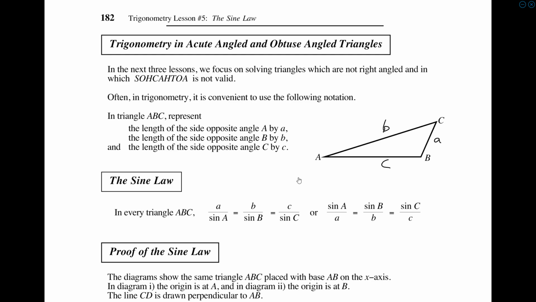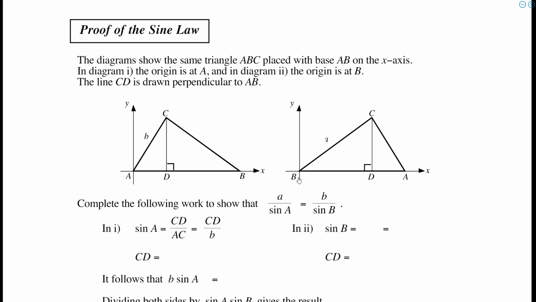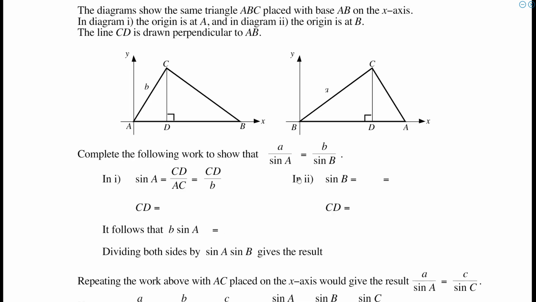Let's go back to the same situation. So this is triangle ABC, placed with AB on the x-axis. Origin's A. In this next one, let's flip, the origin is B. So first of all, the relationship sine A, well, that would be CD over AC, opposite over hypotenuse.